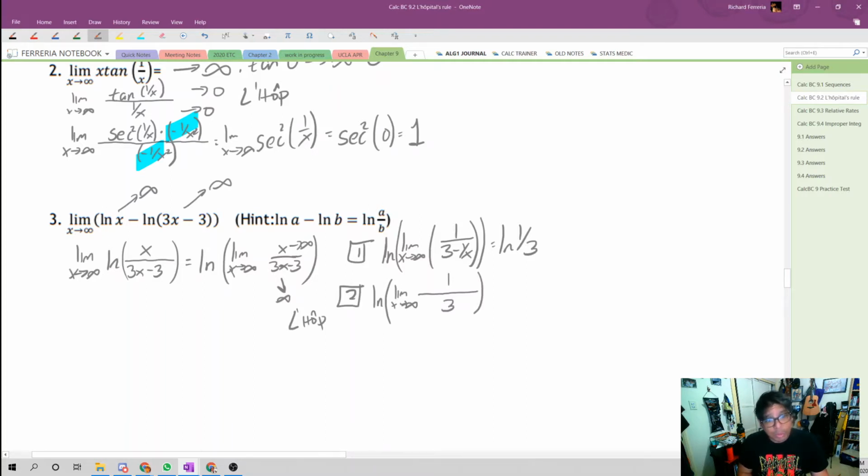And now there's no x's to evaluate, and this is just simply equal to the natural log of 1/3. So either way you do it is fine. I think you might be better off not using L'Hopital's rule personally, because I think there's less of a chance of making an error if you don't use L'Hopital's rule in this one case.